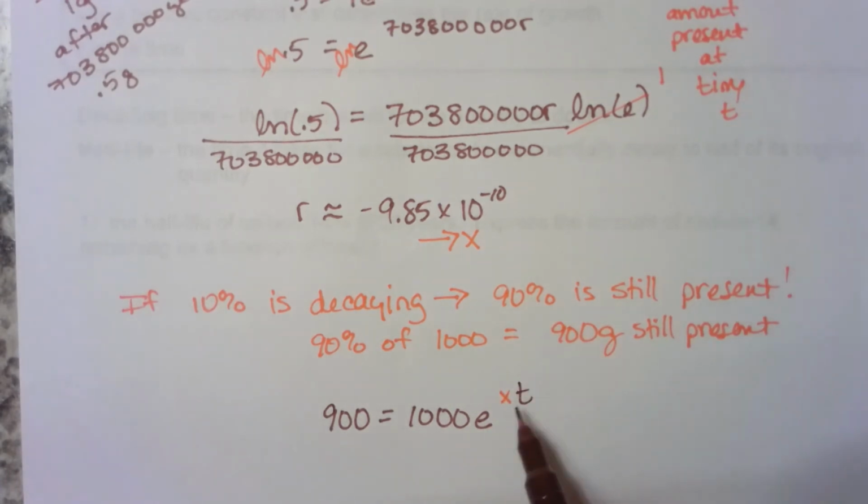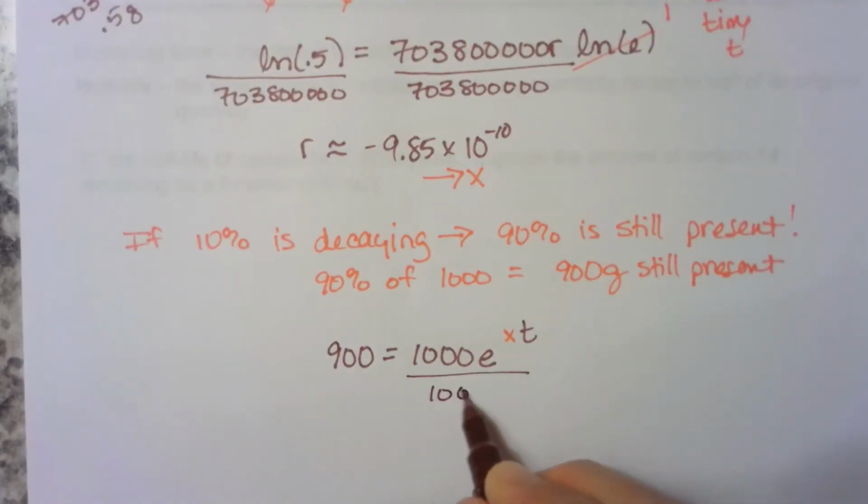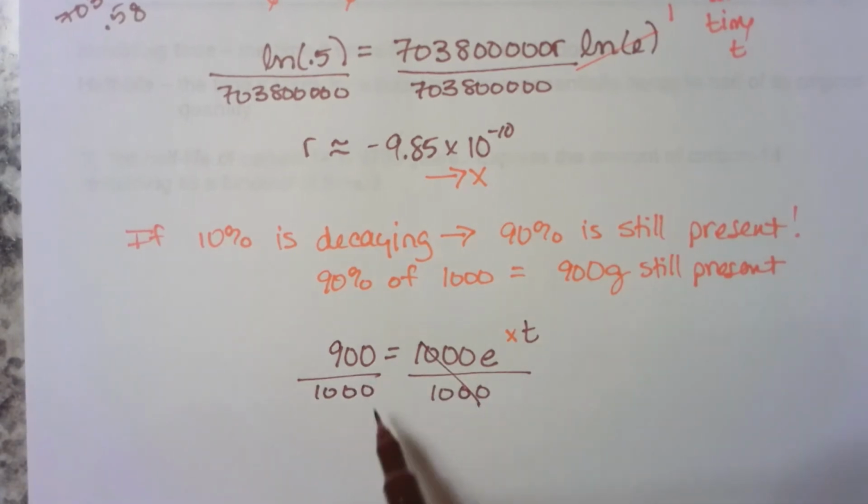Remember, x is just a number. We have it in our calculator. So we're trying to solve for t. To do that, we need to divide both sides by 1,000. So that's 1. 900 over 1,000 will reduce to 9/10.